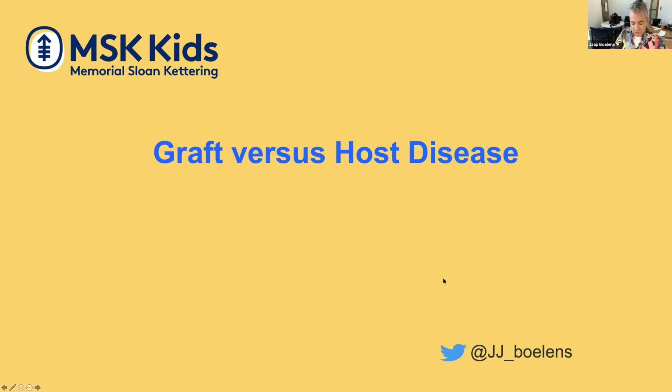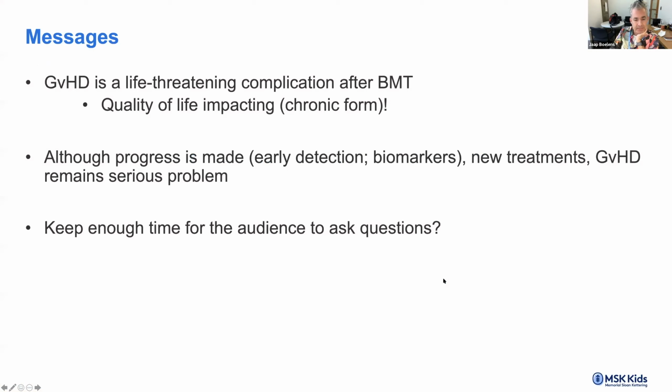So graft versus host disease is one of the major limitations of bone marrow transplantation. And it's a life-threatening complication. And although the treatments and prevention have improved over the last couple of decades, it continues to be a significant limitation.